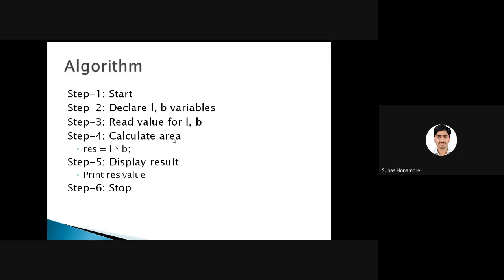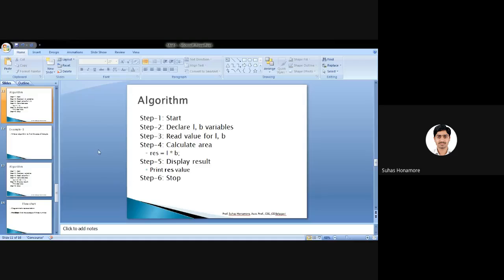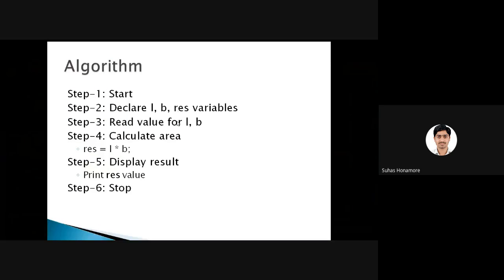When calculating, we require one more variable, so I have to list that also, res. Then display the result. After calculation, L into B gives the result for the rectangle, so I can display it. Here we say print res value, and the last step is stop.